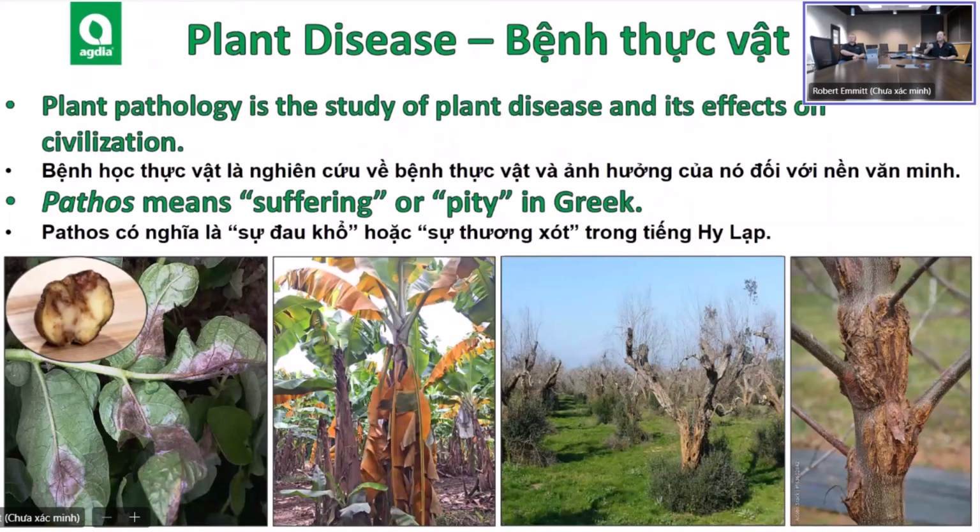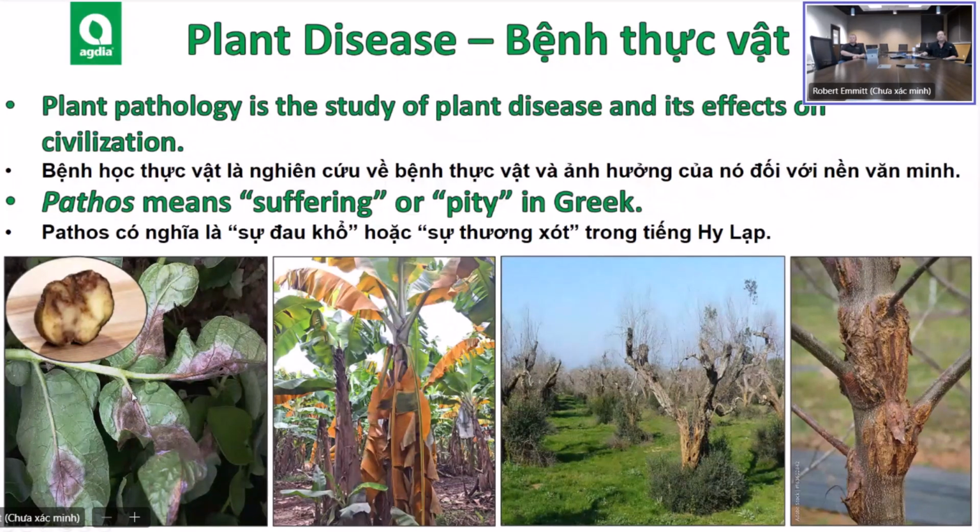So plant pathology is the study of plant disease and its effects on civilization. In Greek, the word pathos, where pathology comes from, means suffering or pity. And if you look left to right, these are all epidemics, either in the past or current, which have caused quite a bit of suffering for humans in one way or the other.